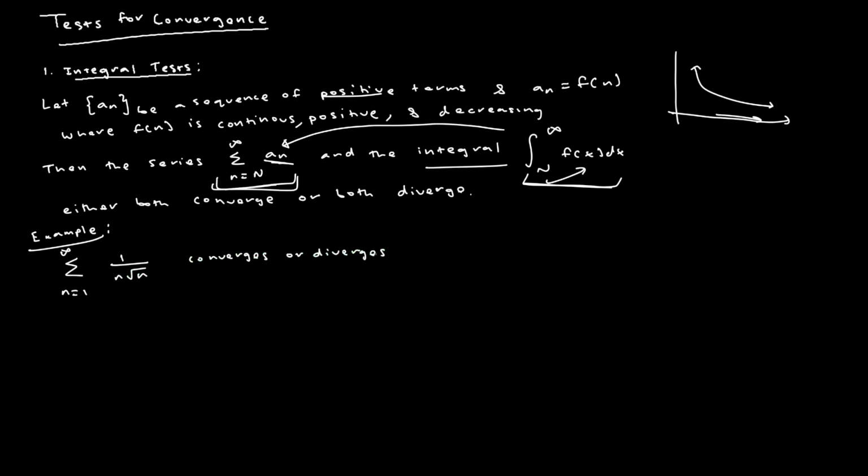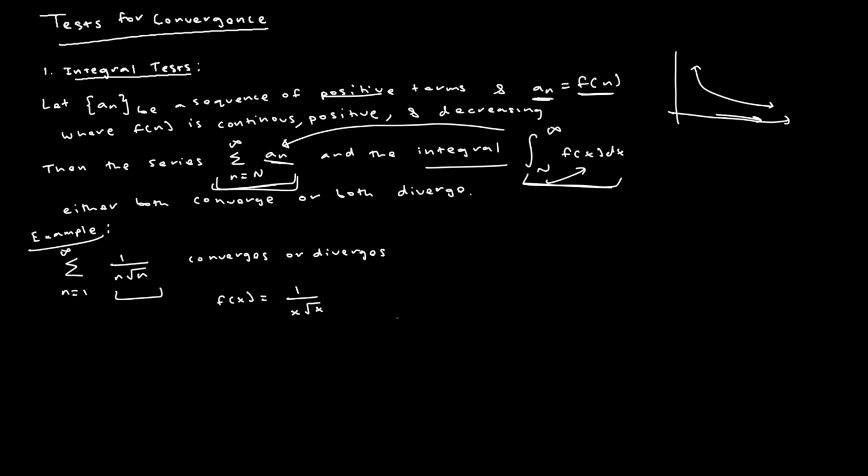And so we want to use the integral test. We're going to convert each term in n into some function f(n). The analogous function that we're going to be testing for the integral is simply f(x) equals 1 over the square root of x, root x.